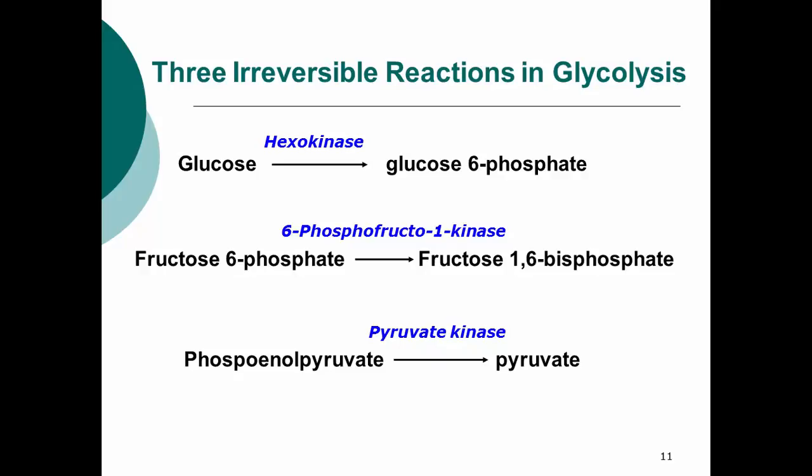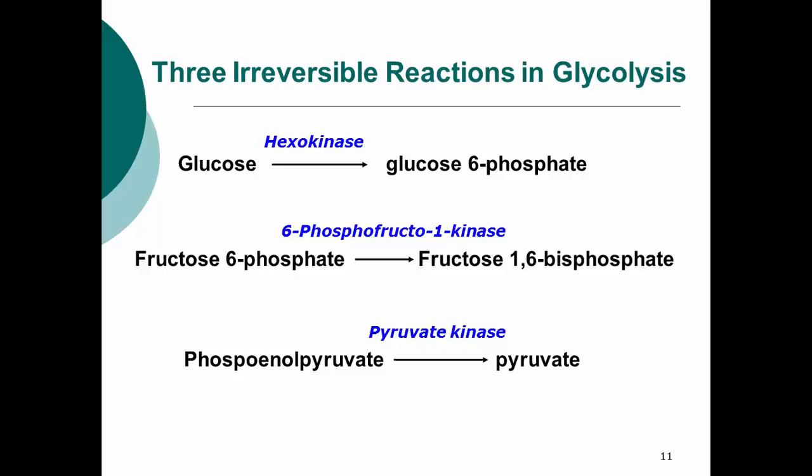And again, I mentioned that gluconeogenesis is not simply the reversal of glycolysis. The reason is that we remember we have three rate-limiting reactions in glycolysis, catalyzed by three key enzymes. Just take one reaction as an example.